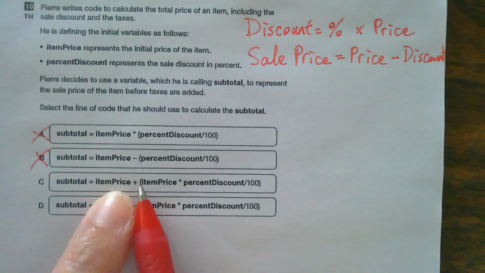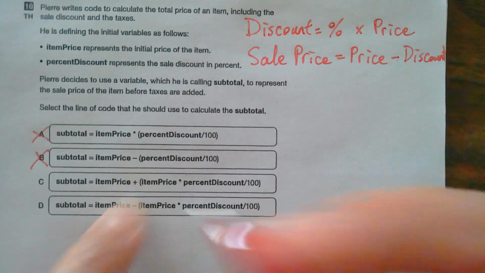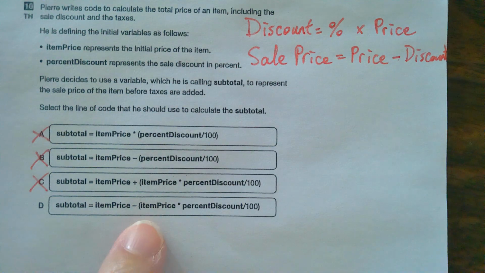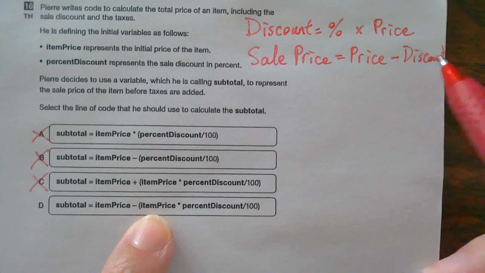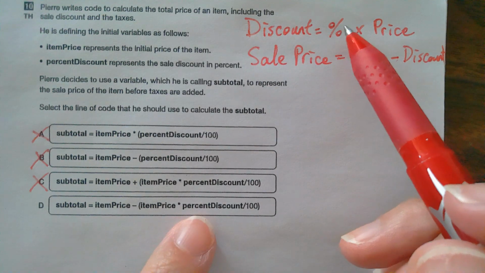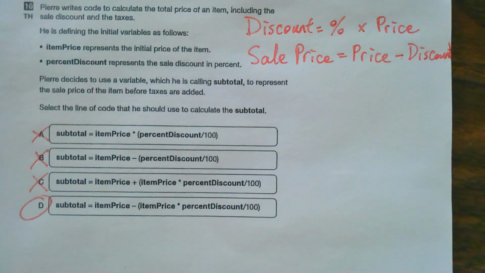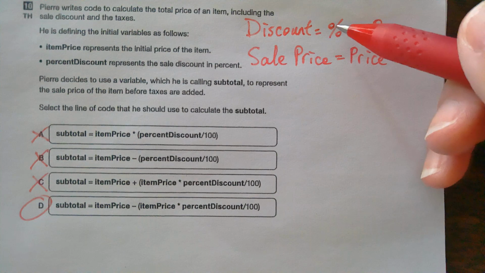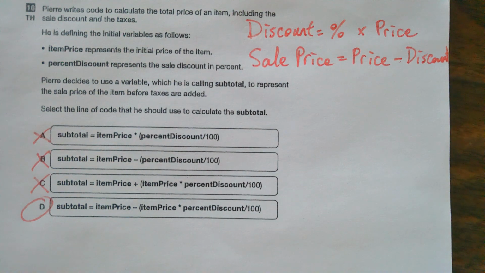Item price plus? The plus already tells me it's not, because I know it's a discount, so it should be cheaper. And then this one, the price minus, how do I get the discount? The percent times the price. So it's D right here. But the percent, if it's 30%, you have to divide by 100. Oh, yeah, okay. I get it.